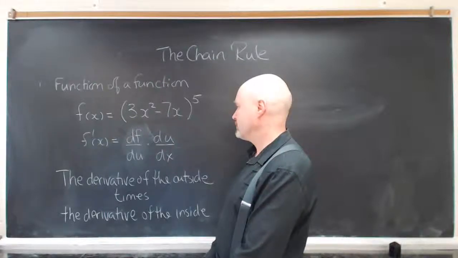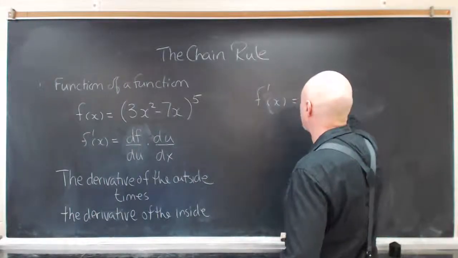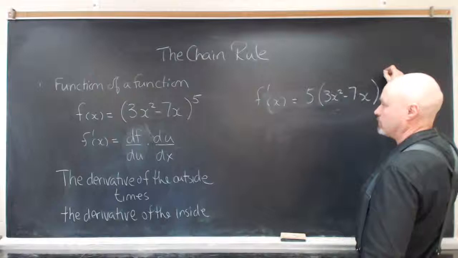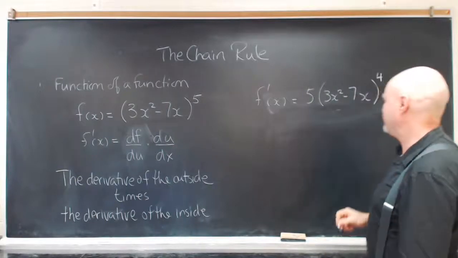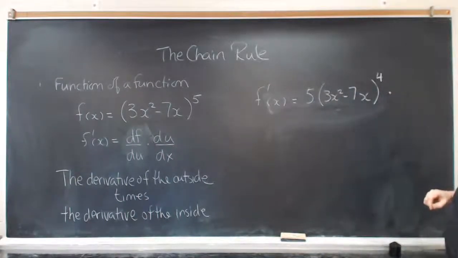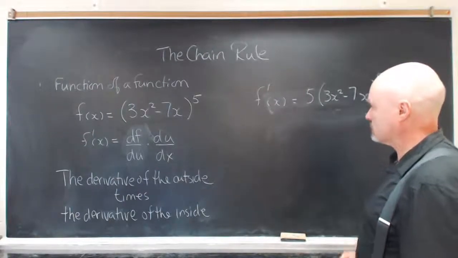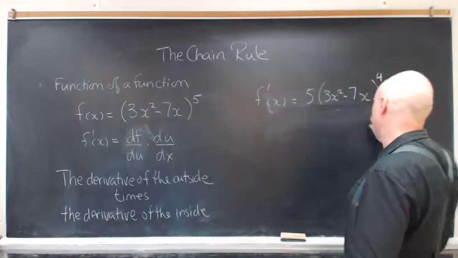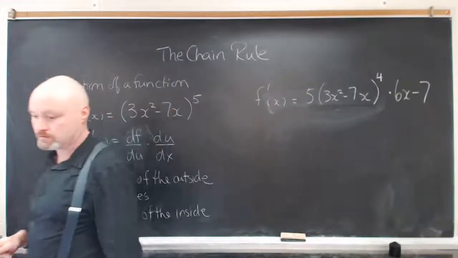So that's 5 times 3x squared minus 7x to the 4th times 6x minus 7. Very good. So that's the derivative of the outside function with respect to the inside, multiplied by the derivative of the inside function. So that's the chain rule right there. Perfect.